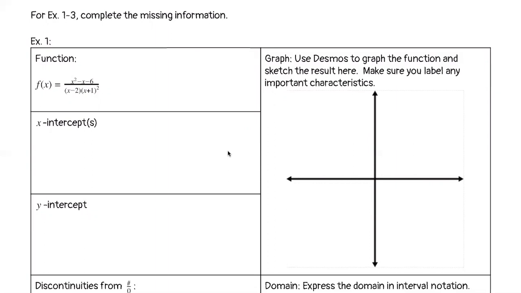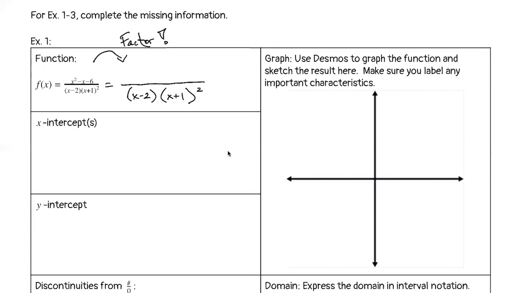And then on the bottom, we have x minus 2 and x plus 1 squared. So before we do anything, what I'd like you to do is 2 things. First, I'd like you to keep the bottom the same, but I'd like you to factor the top.